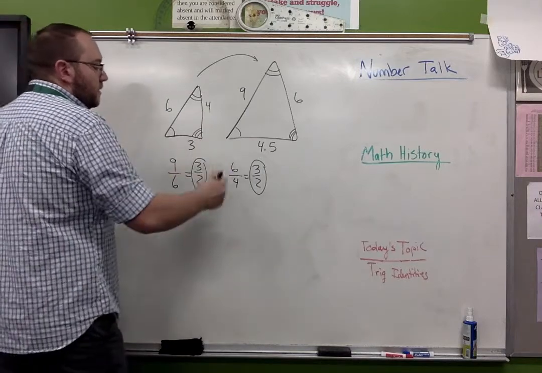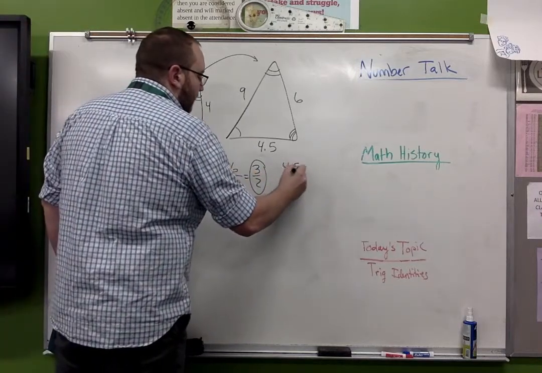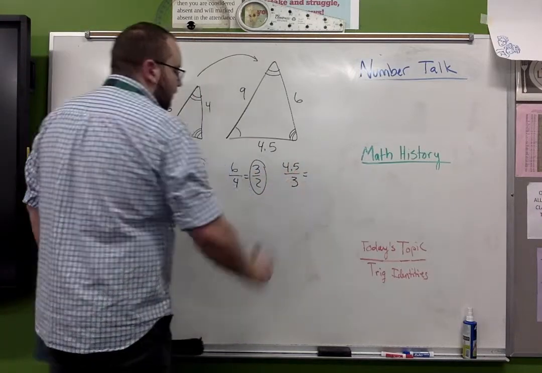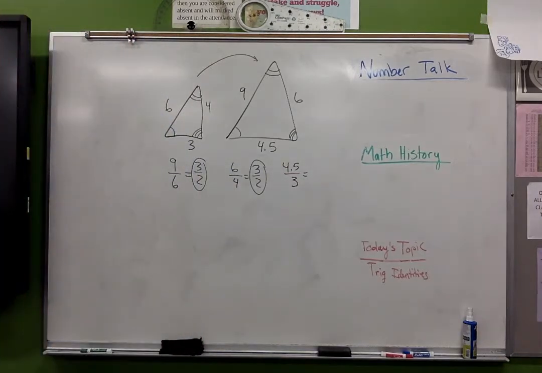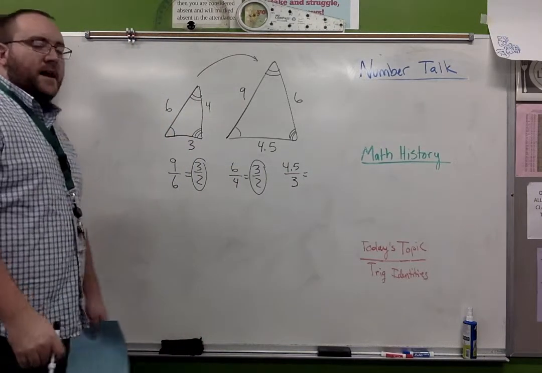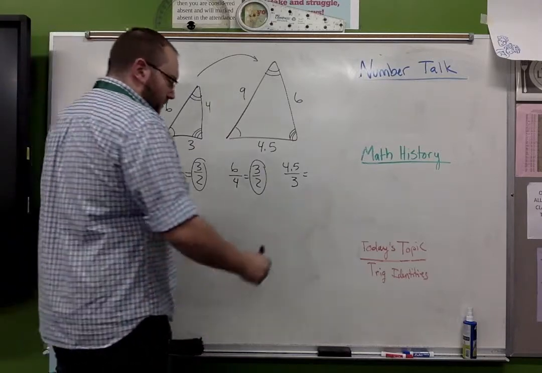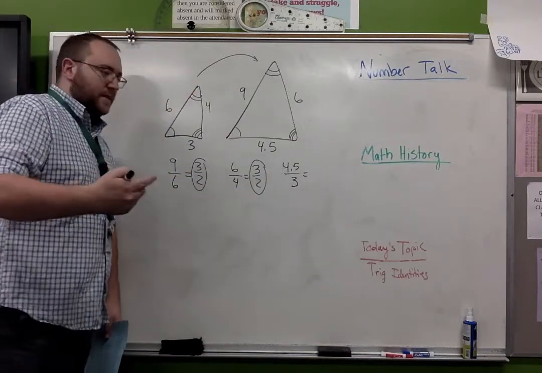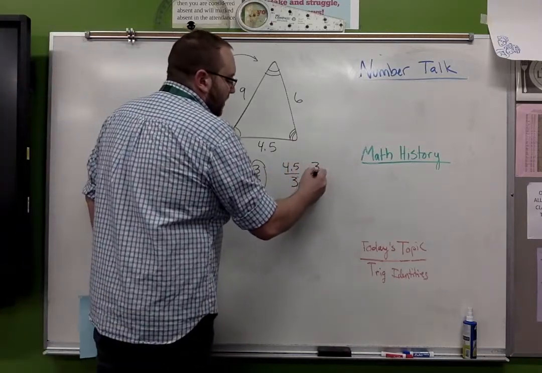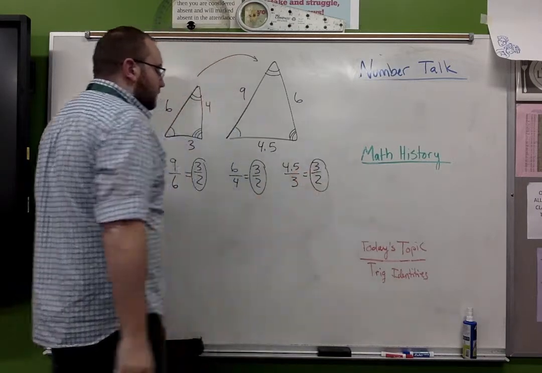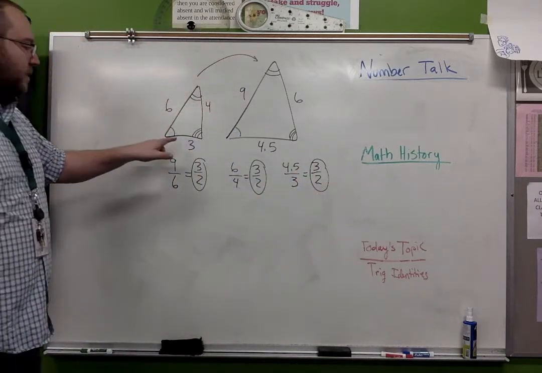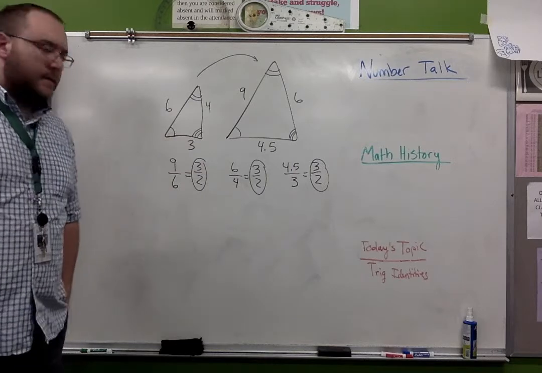Let's try the base here. We have 4.5 to 3. You can divide by 1.5, or put it in your calculator and find the fraction, but it does simplify down to 3/2. That means the ratio between this side and this side is 3/2.